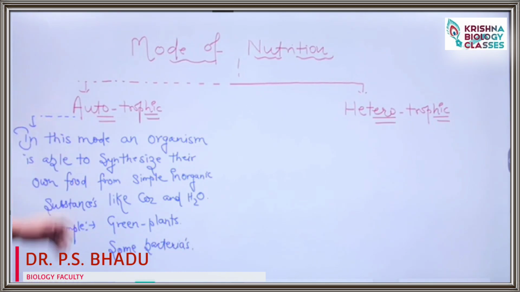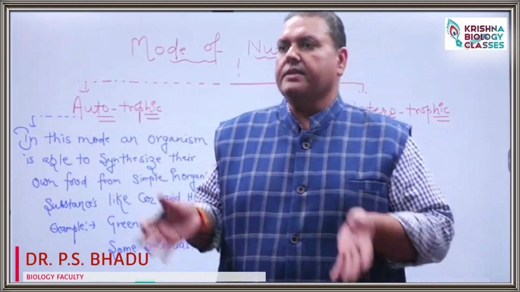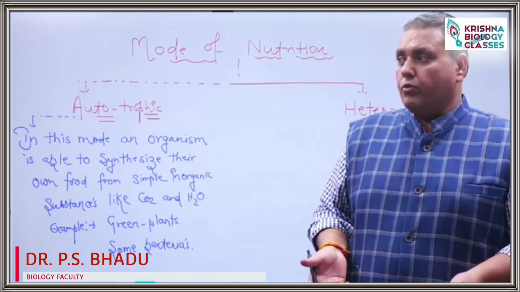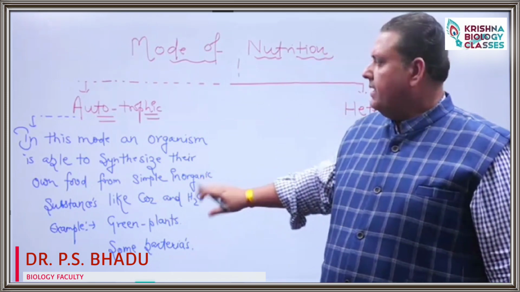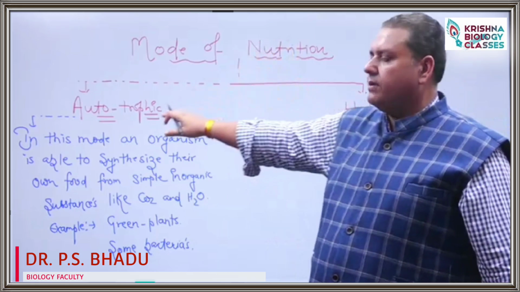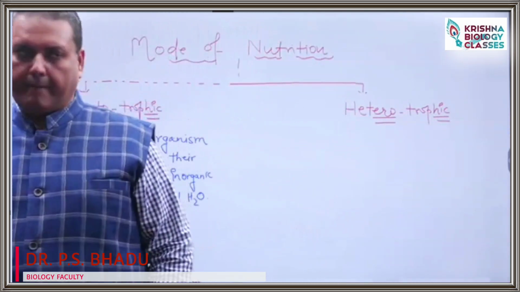So, we can define, if any organism is able to synthesize their own food, they are automatically able to make their own food from CO2 and water like substances, then they will be considered as autotrophs, and this mode of nutrition will be considered as autotrophic mode of nutrition.